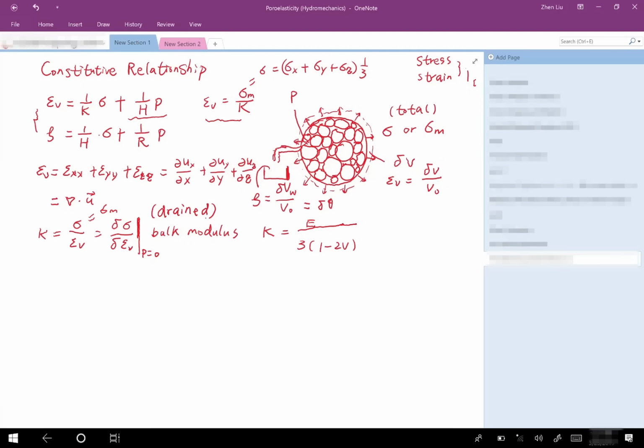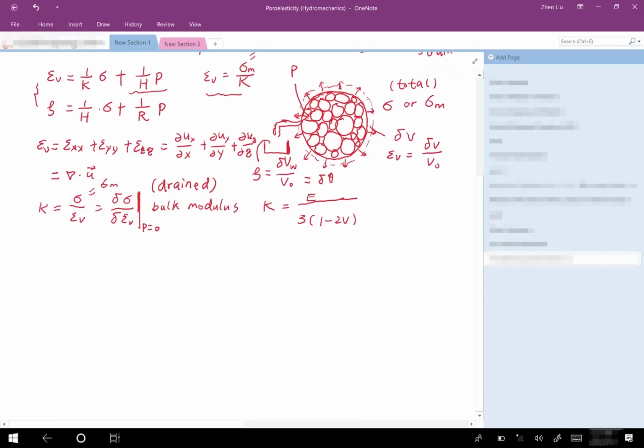Let me just get 1 more minute. Let me finish this H and K. So H, we define it in the same way, but here usually we use the inverse of H. So the inverse of H is defined as, so let's do H directly.